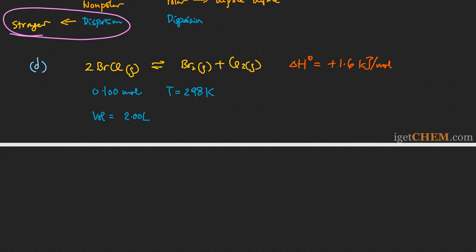And so the first part, which is part D, is asking you to calculate the initial pressure inside the container before the system moves to equilibrium.